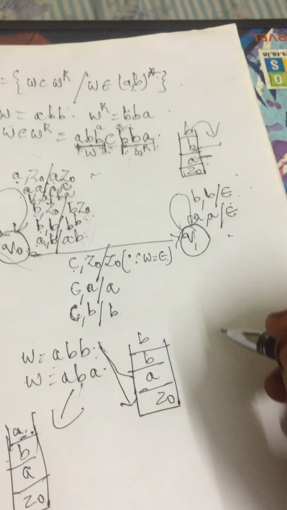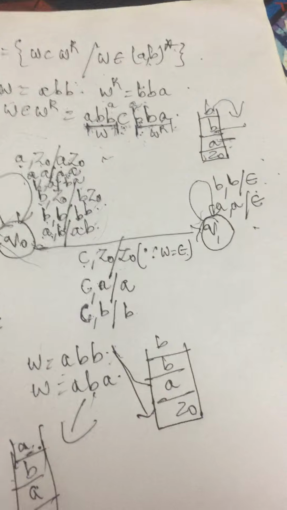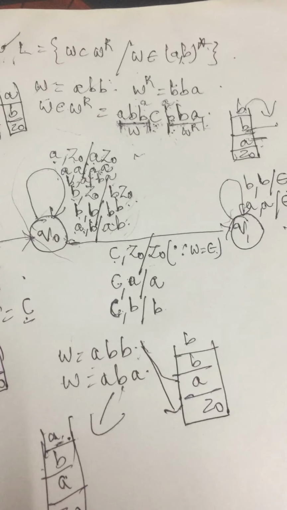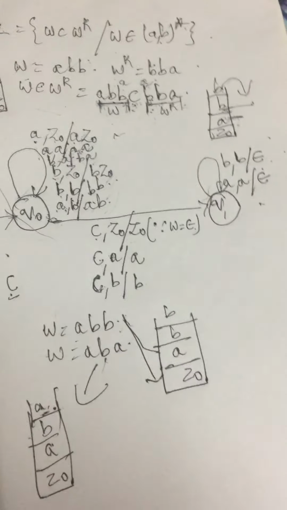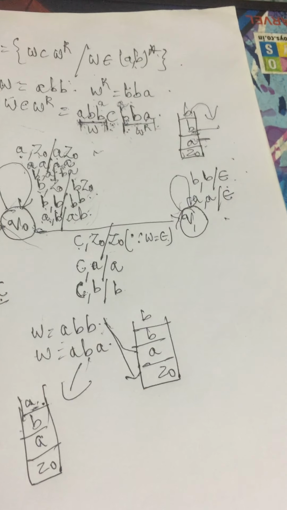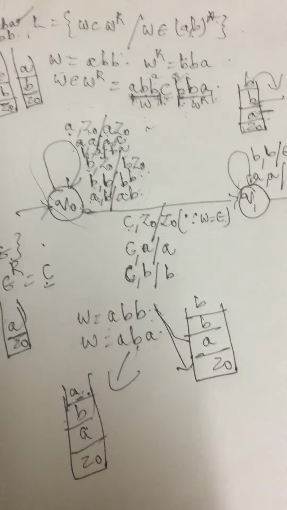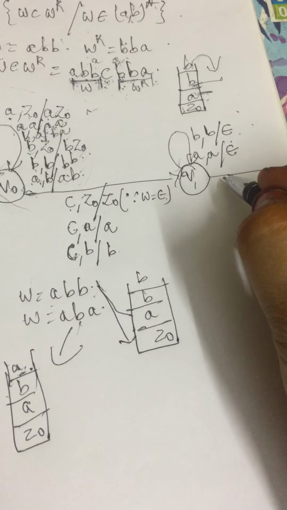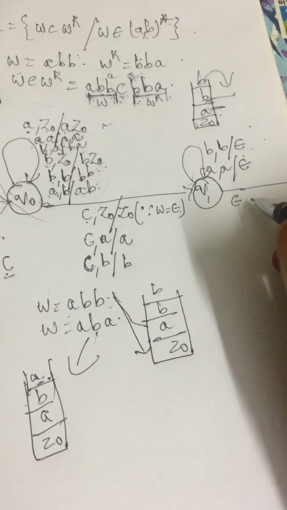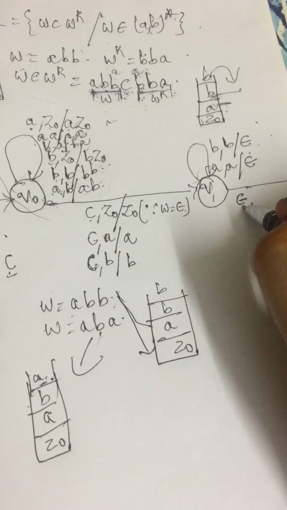Now at the end, all the input alphabets present in the input tape will be completed, and now the next input alphabet will be epsilon. So the present input symbol is epsilon.